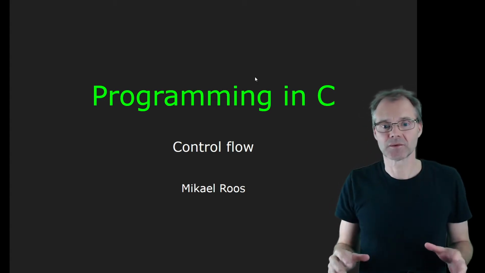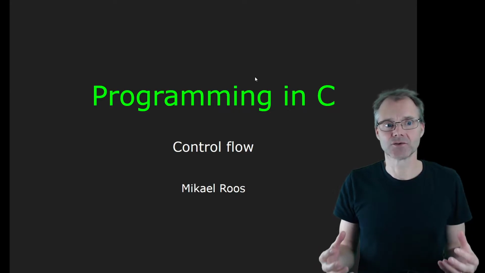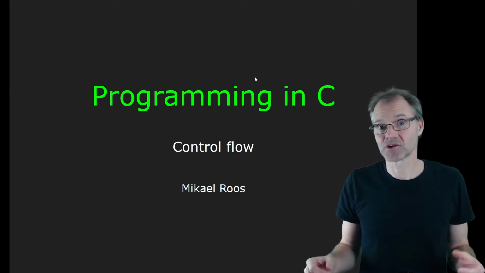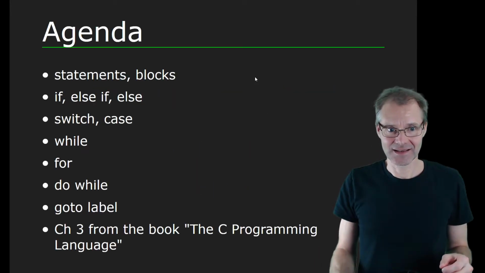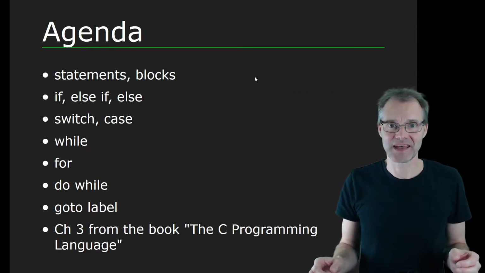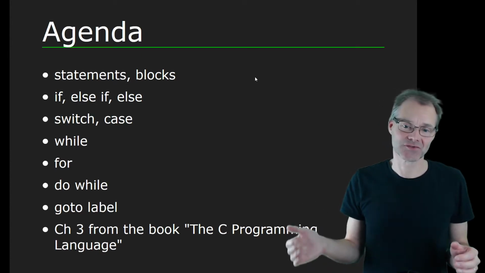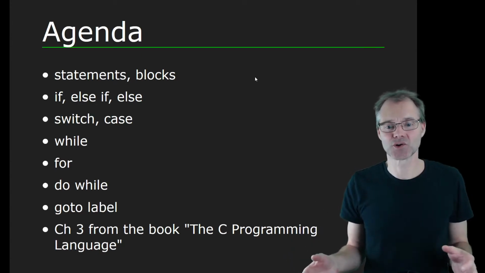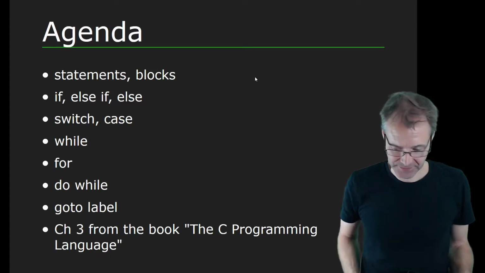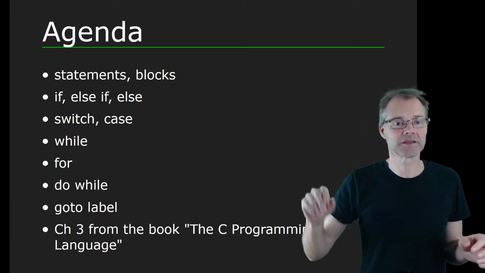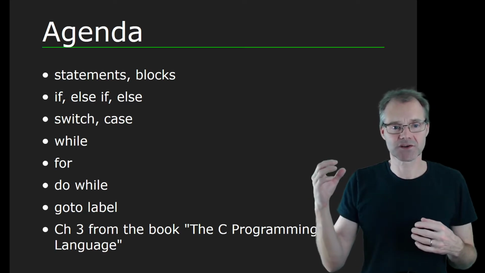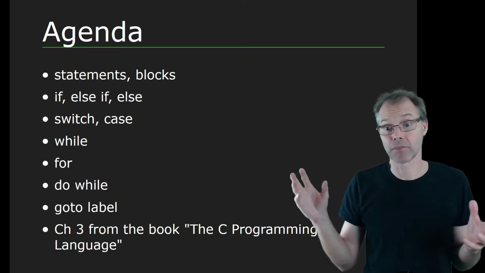Today we're going to talk about the basic control flow, how to control which parts of our code are executed. I have an agenda here, basically the agenda from chapter 3 in the book, The C Programming Language, that we are following. We're going to talk a bit about the basic building blocks first, like expressions, statements, and blocks.